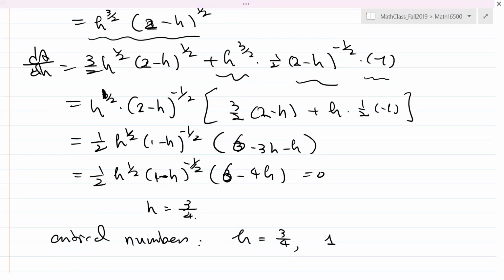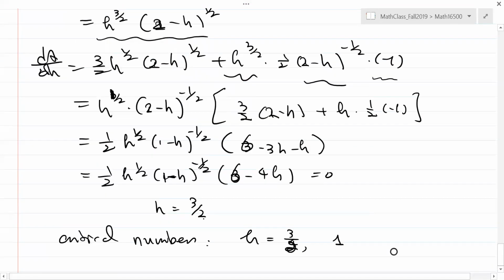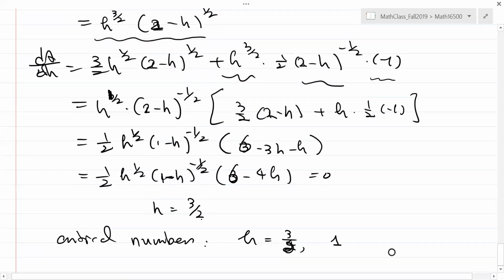Okay, 3/2, not 3/4. No, 1 is not going to be a critical number anymore. So only 1 critical number in the interval.